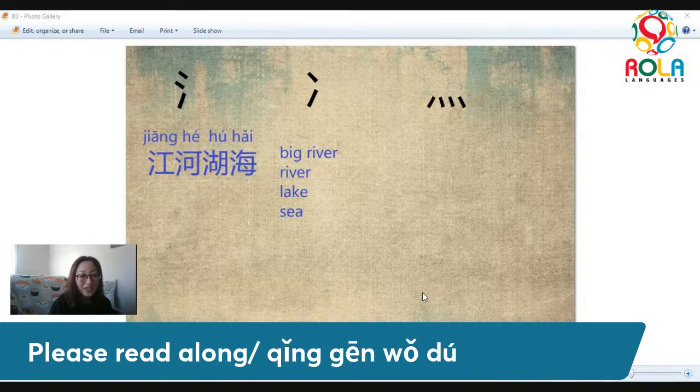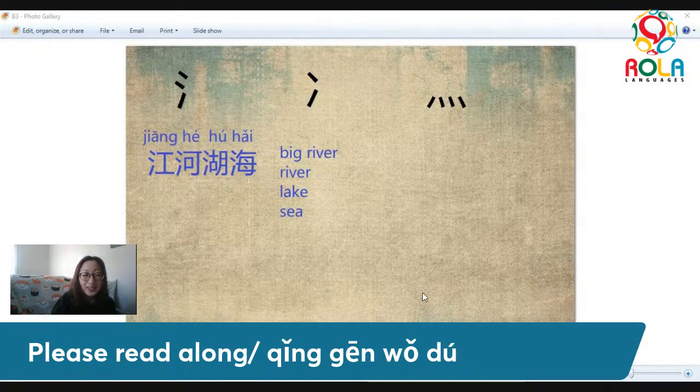It goes 江河湖海. Yes, 江河湖海. And as you can see on the screen, 江河湖海 represents 4 different kinds of water body. 江 means big river, for which we do not have one single English word as far as I can remember. So let's just call it big river.